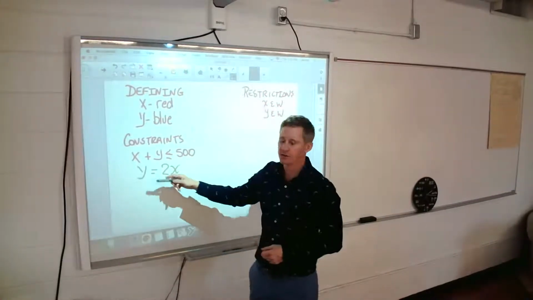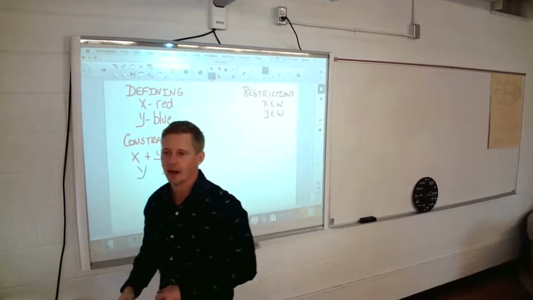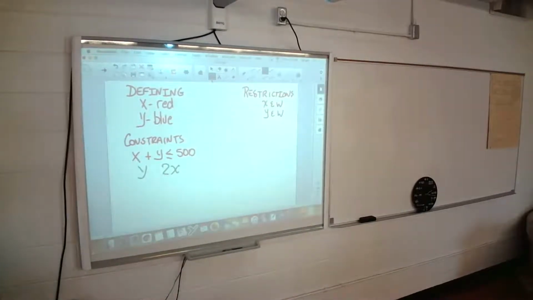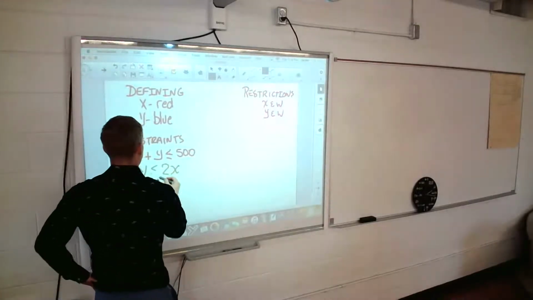Do I keep the equals to? What do I put in there? I need at least twice as many blues as reds. Y is less than or equal to 2x? Let's try it and see.